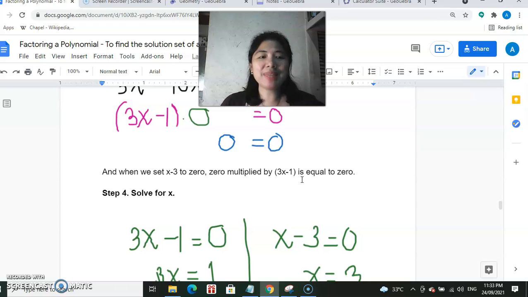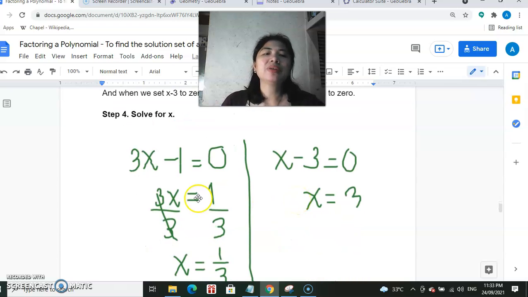Okay, so it's time now to solve for x. So 3x minus 1 is equal to 0. So transfer negative 1 to the other side of the equation, the right side. And since the negative 1 will cross over the equal sign, the negative 1 will now be positive 1.